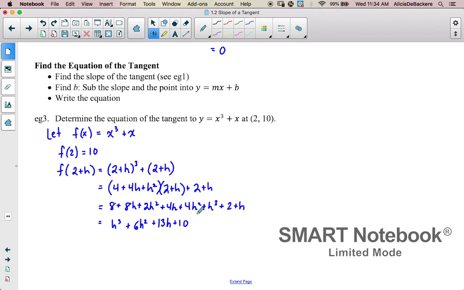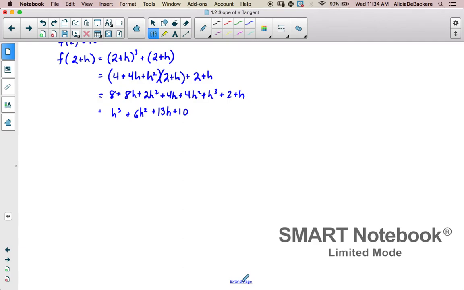All right, and I've got my expression. So next I'm going to find the slope of the tangent. And again, in calculus, we are always now finding the slope of the tangent by using the limit. We're using calculus techniques, not advanced functions techniques.